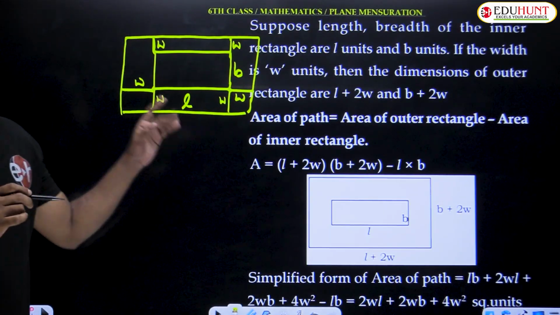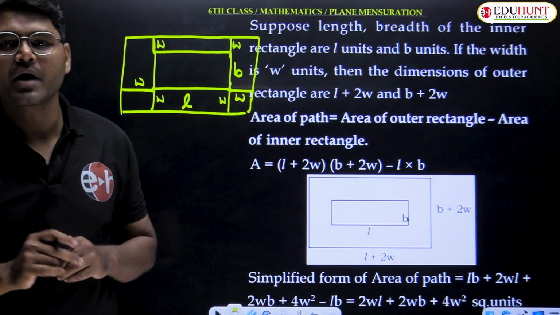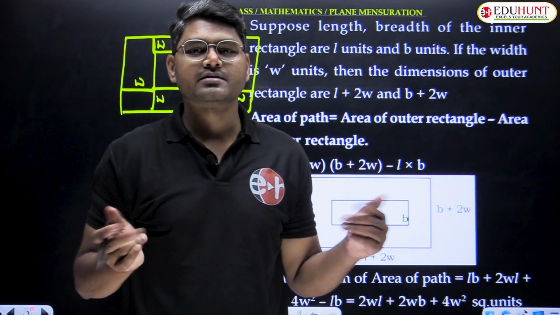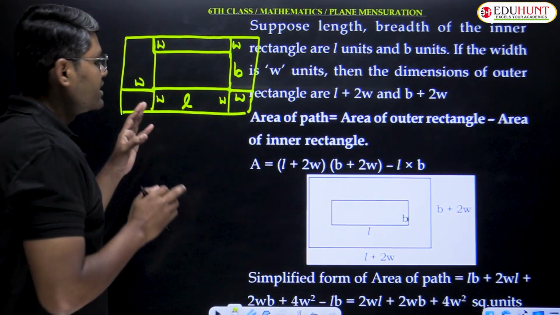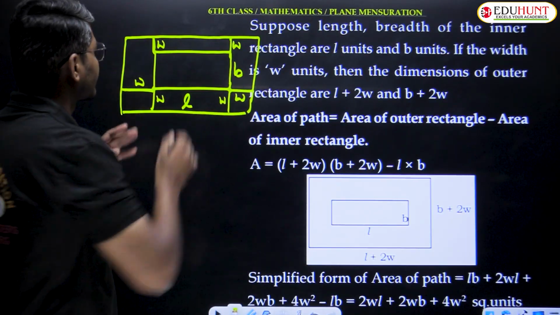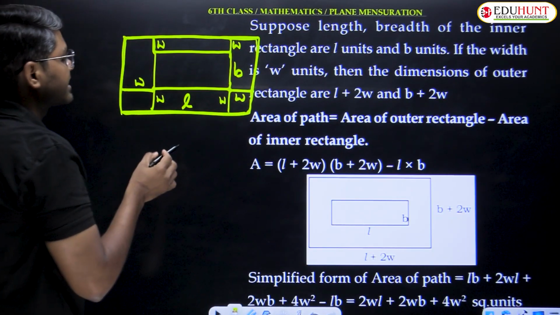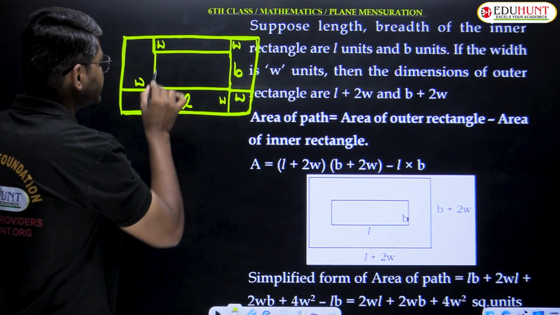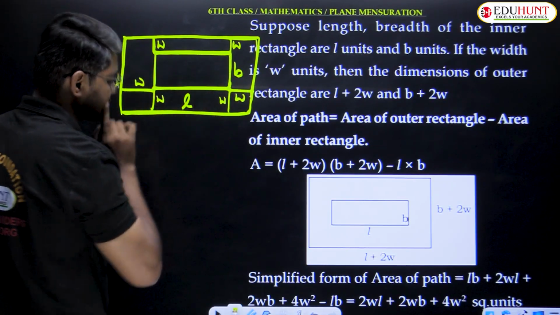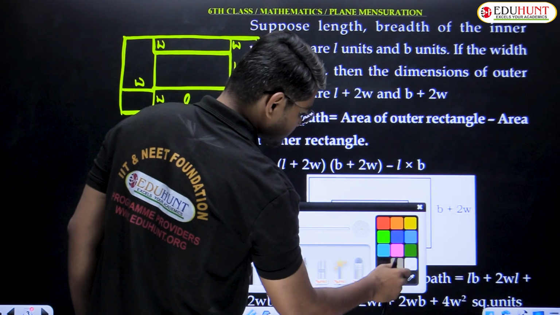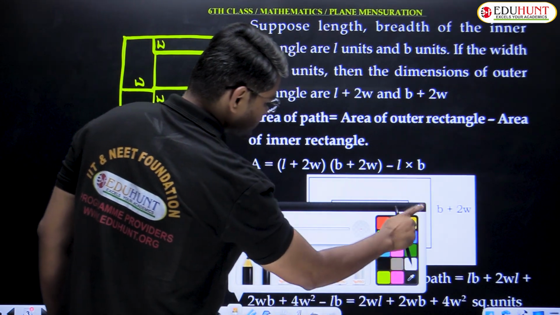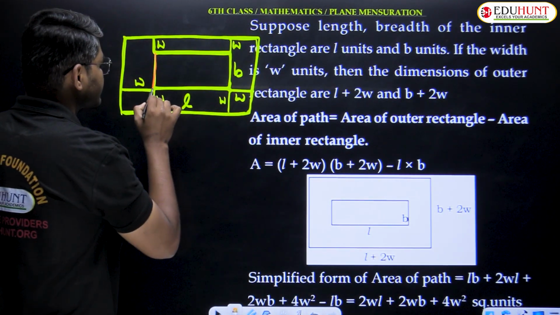Now here we have to find the area of the path. How do we find? See, here if we clearly observe, this is one rectangle. In this rectangle, another rectangle is there. This is another rectangle. This is a small rectangle.